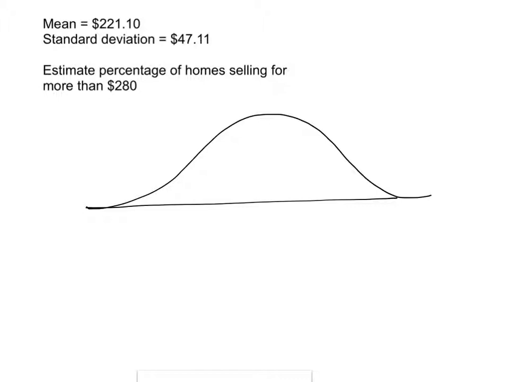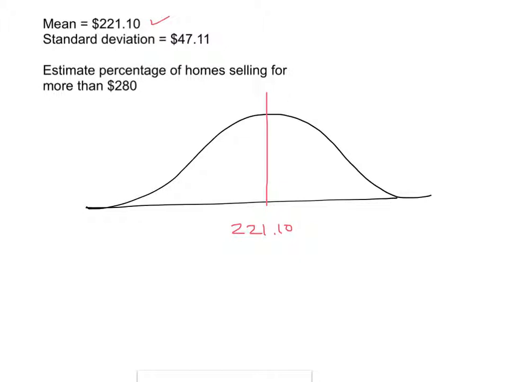They're saying that my data set here, my mean, which is right down the middle of a normal distribution, is $220.10. And then one standard deviation above, we have 47.11, and you don't have to do anything with this, but it's kind of nice to understand what the standard deviation even means.